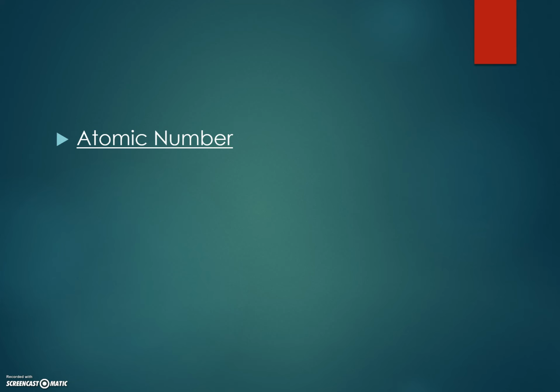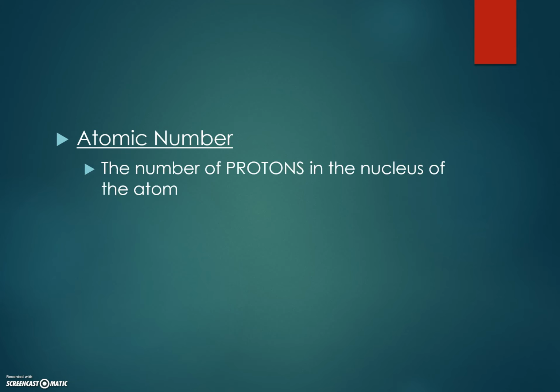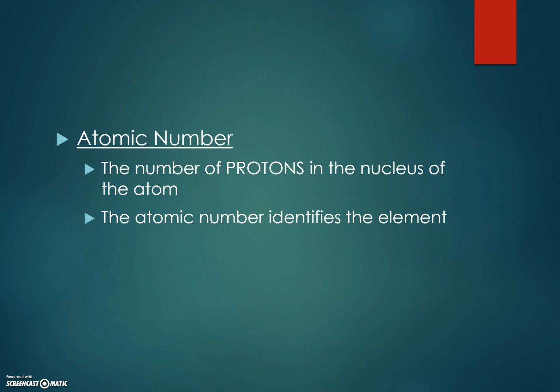But atomic number is the number of protons in the nucleus of the atom. And so with the atomic number, it also identifies the element. Every element has a different number of protons, and therefore that tells us the atomic number.